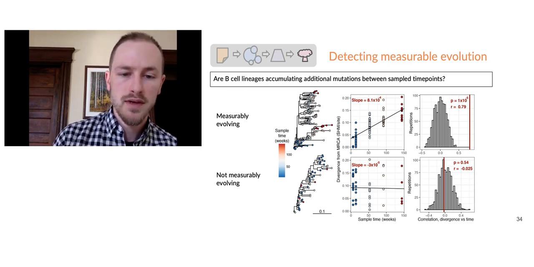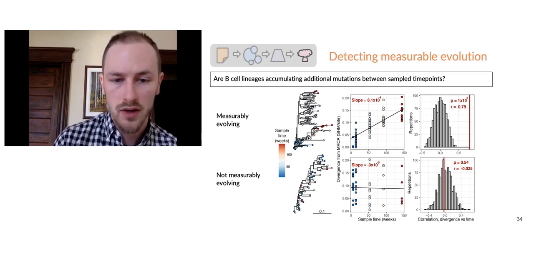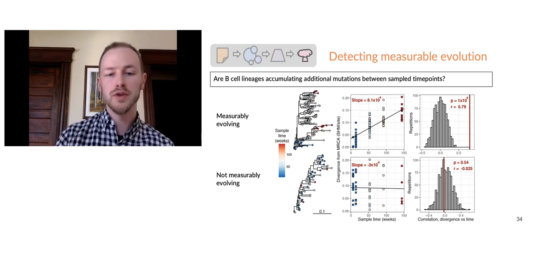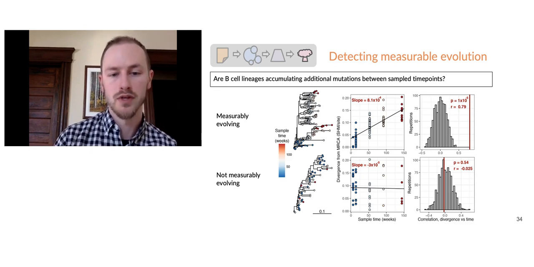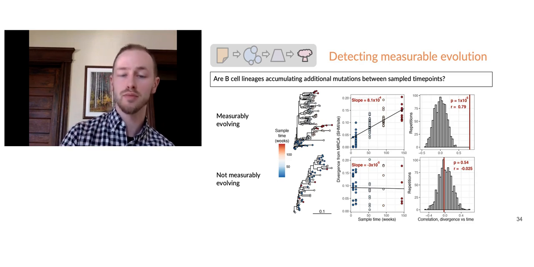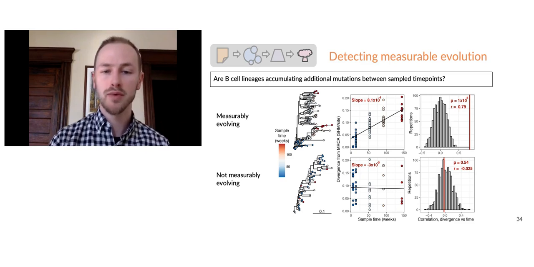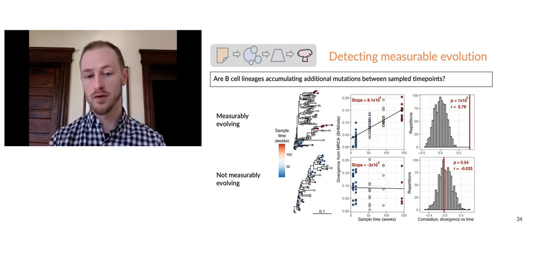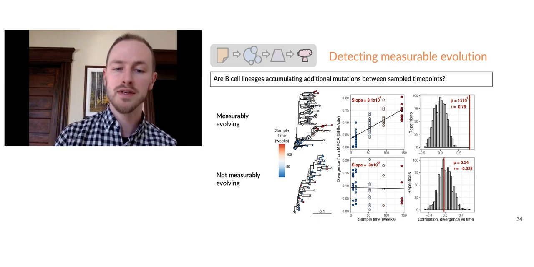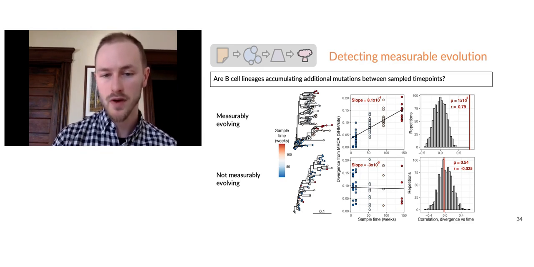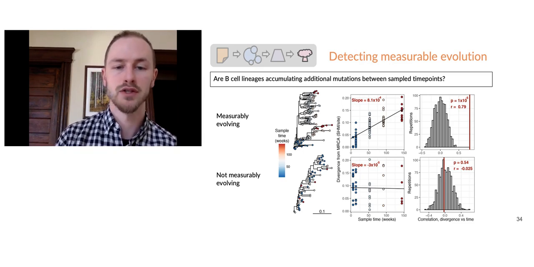So we can see the first sampled time points, which are colored dark blue, are very close to the germline of the tree, which is in the bottom left. So this indicates that the sequences that were first sampled were not very diverged from the germline, but the sequences sampled at later time points are very diverged from the germline. So this is exactly what we would expect from a measurably evolving population.